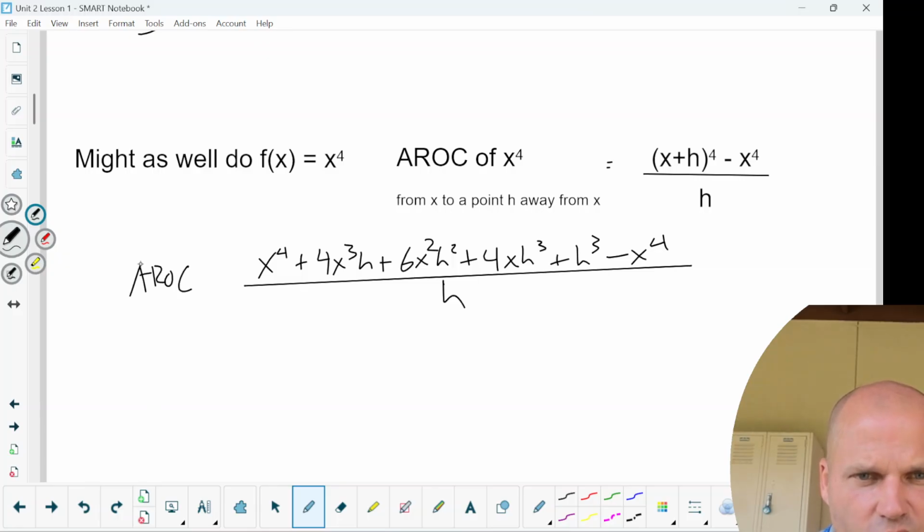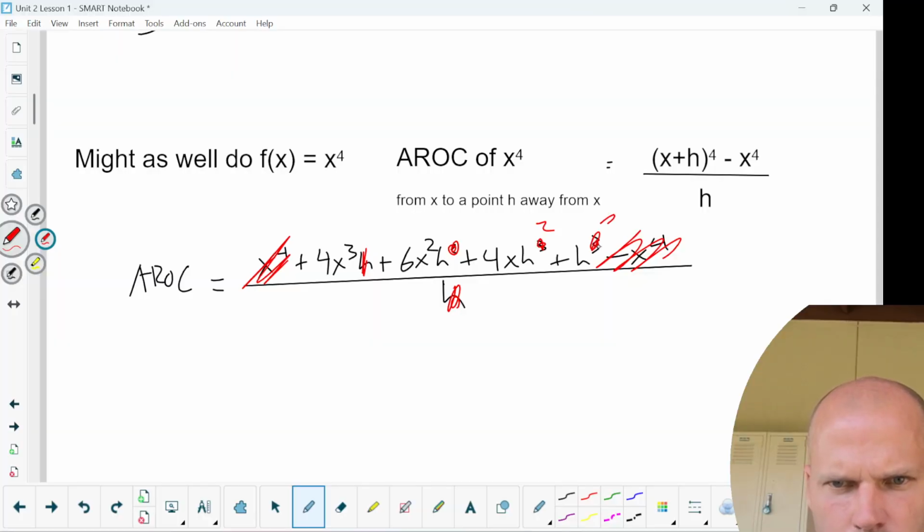This is the average rate of change equation. And then x to the fourth went away. The h got divided out of everything. Two, three, 4. This should have been a 4.